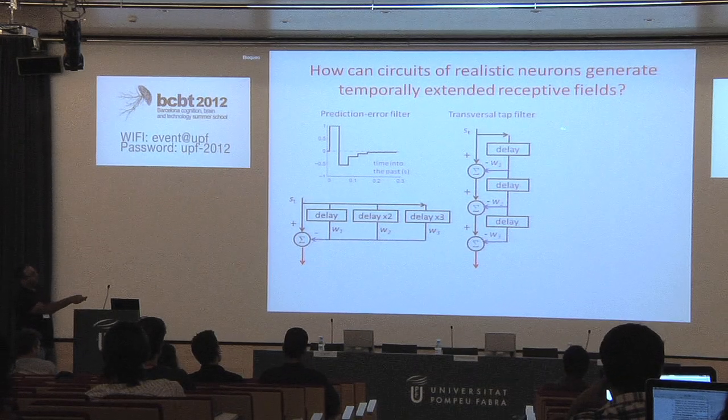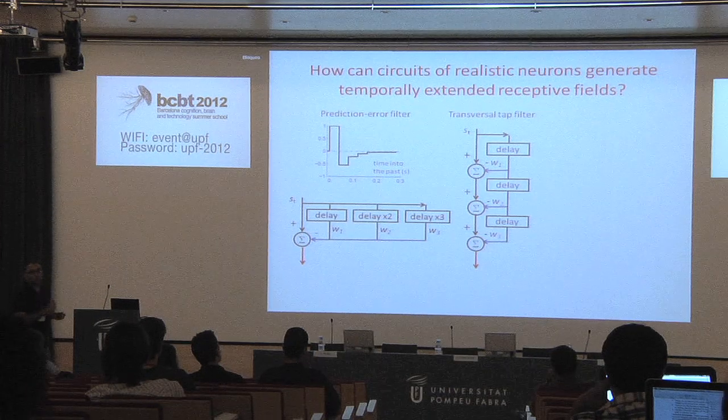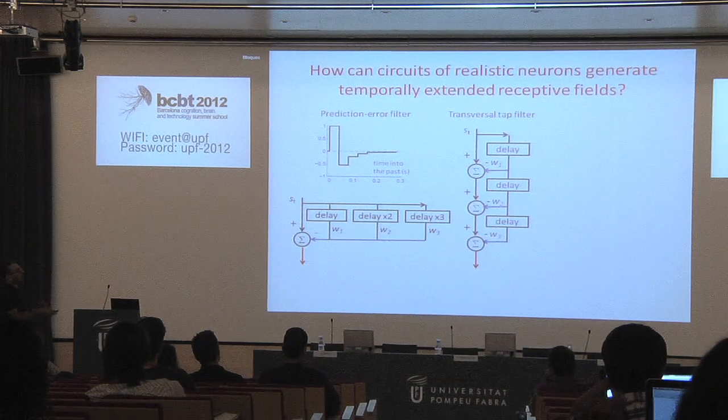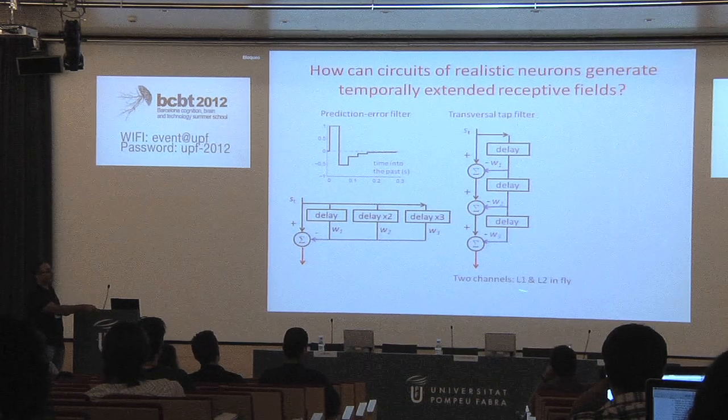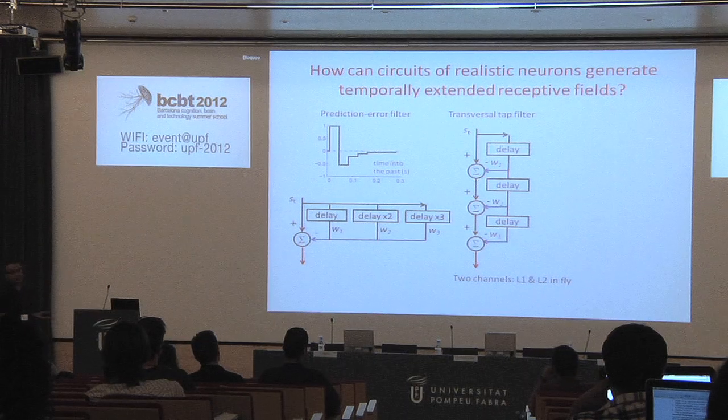And the subtraction of the prediction happens in stages. You can think of those stages as the retina and the LGN, which is neat. But I can also identify those two pathways perhaps with the two major transmission channels known in flight, which are L1 and L2. Of course, this is just hand-waving and totally unsubstantiated at this point.